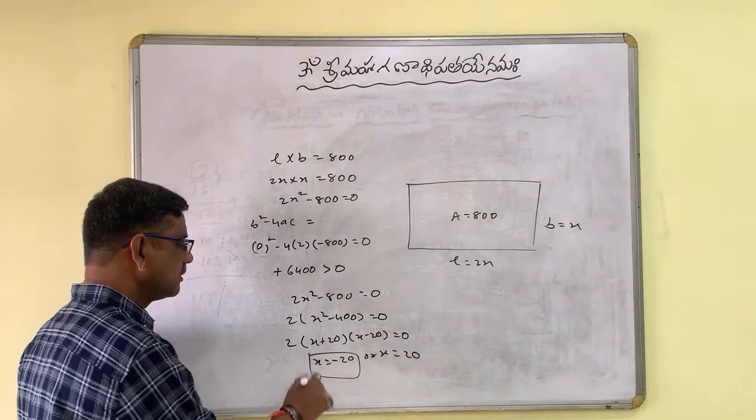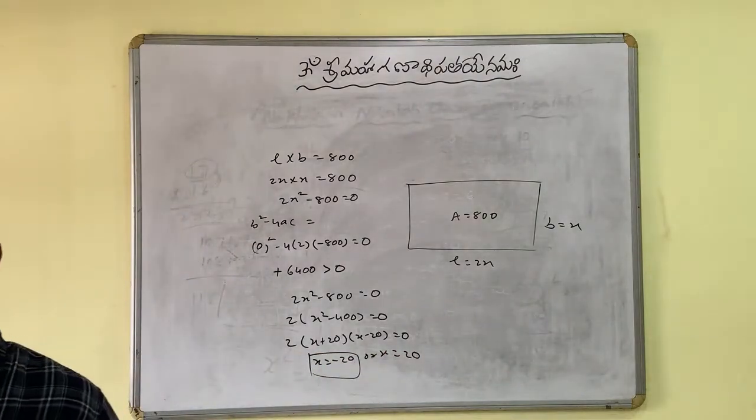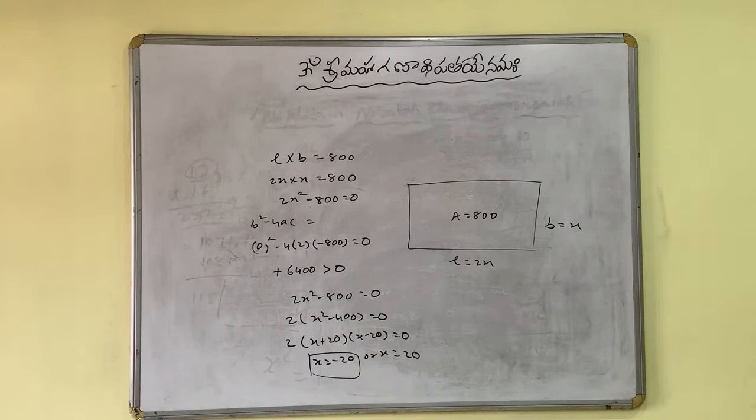Because x is length, it will not be negative, so we need to consider only positive 20. So breadth is 20 meters and length is 40 meters.